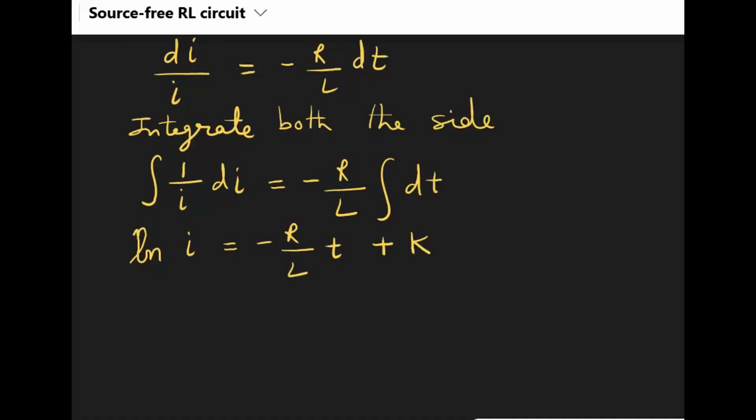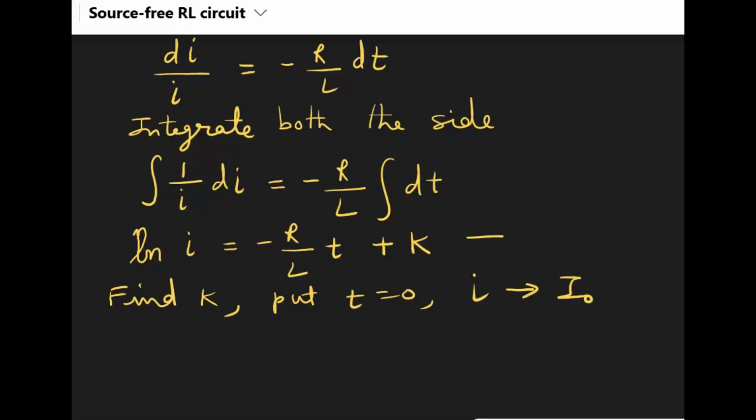First we have to find the value of k. To find k, put at t equals 0 the value of current as capital I0, which we defined at the start.